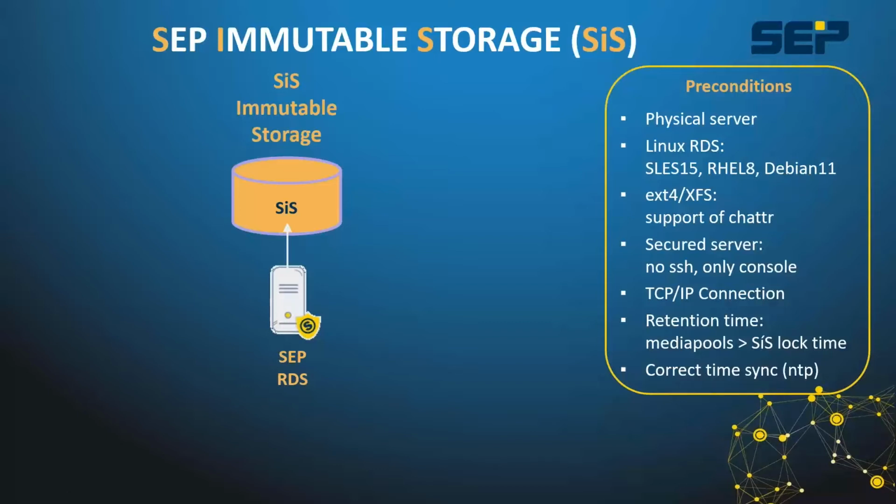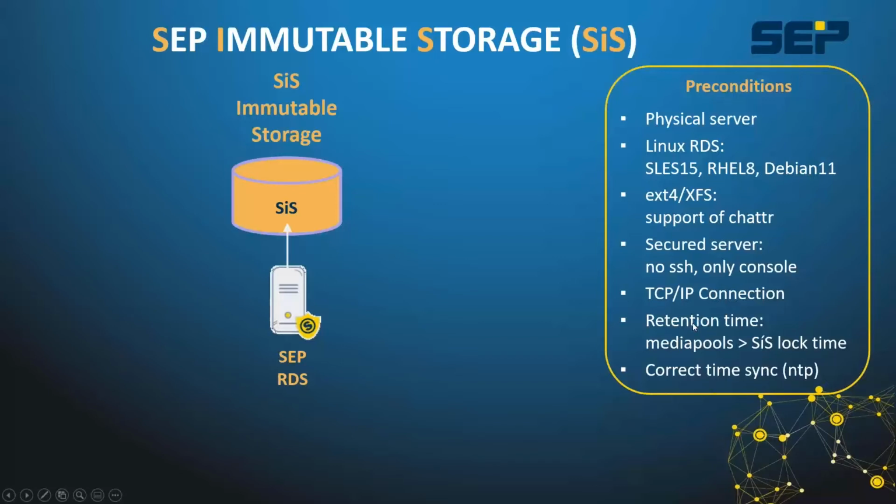And then you need to secure your server so that you can access this server only via the console. No SSH, so that no ransom virus has any chance to attack this hardware from remote, because you can only log in from the console. Yeah, you need some sort of TCP/IP connection, but only one open port for the Sesam connection.